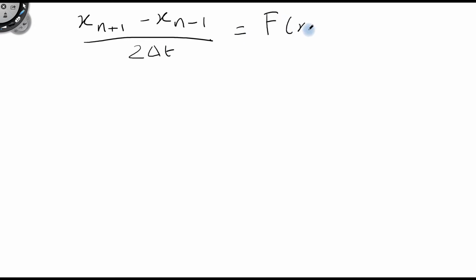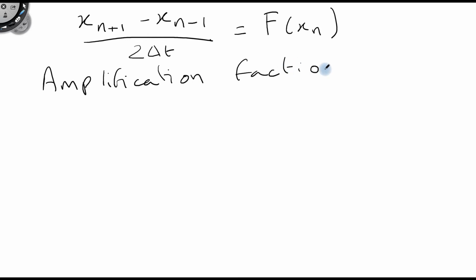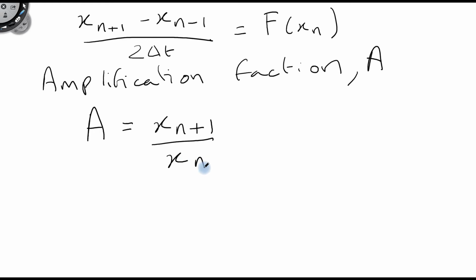So we need to analyse the stability of this equation. Let's just write up again the leapfrog. We now need to consider the amplification factor. And the definition of A is as before, but we need an extra part to this because we're introducing this extra time step n-1.